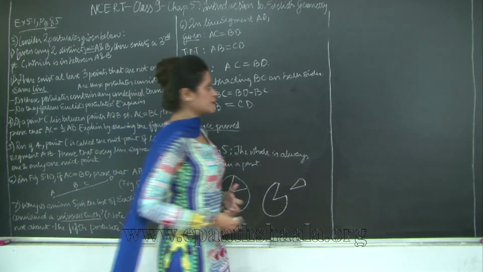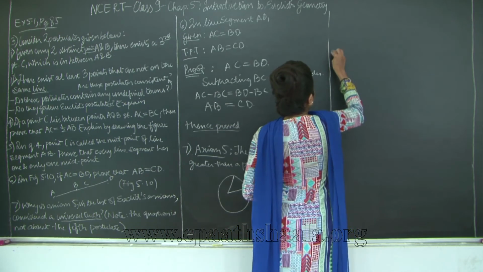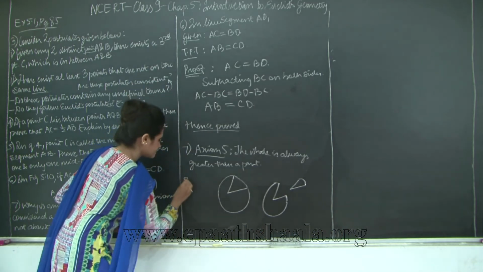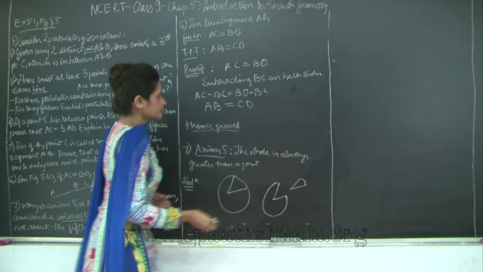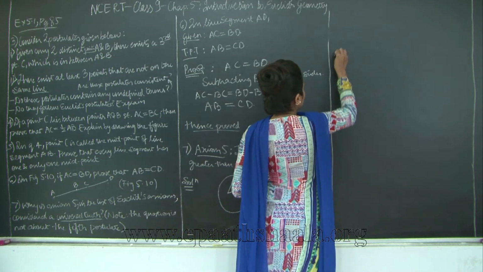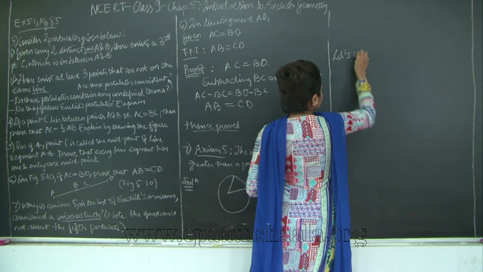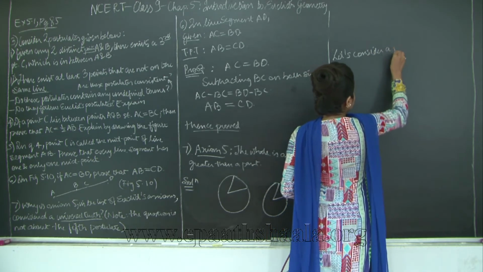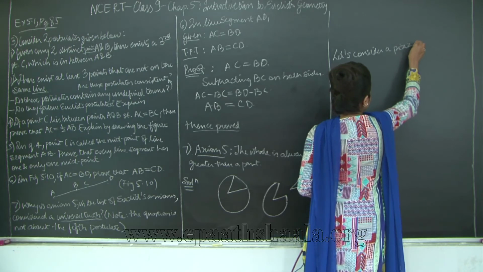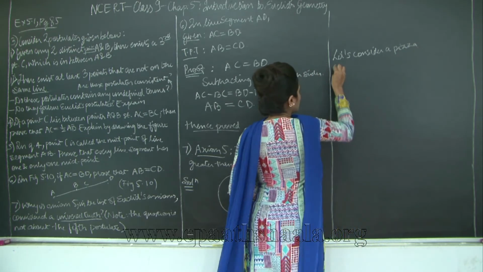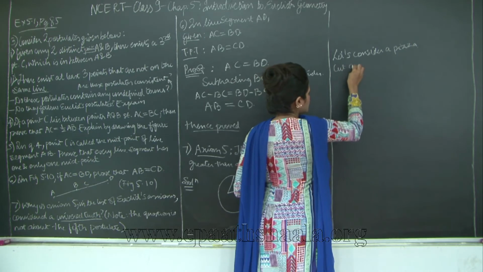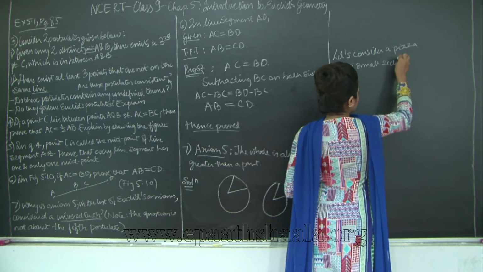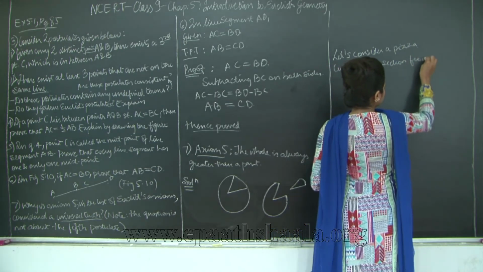So we need to write down explanations for this. Let's do this. So the solution for 7, actually the solution starts here only. Let's consider a pizza, then cut a small section from this pizza.